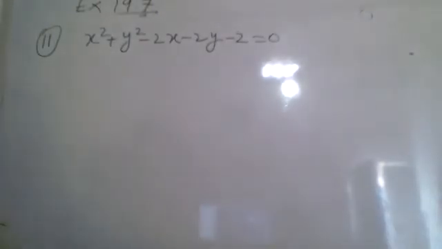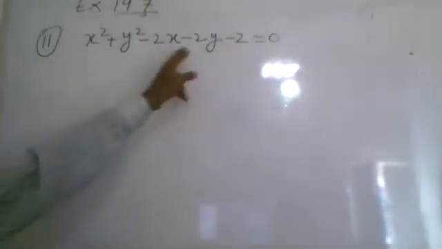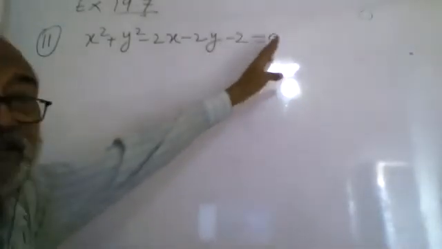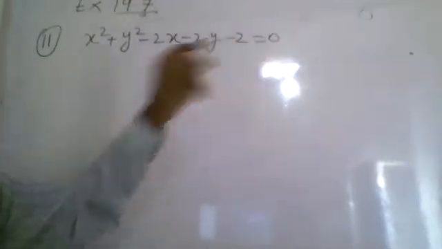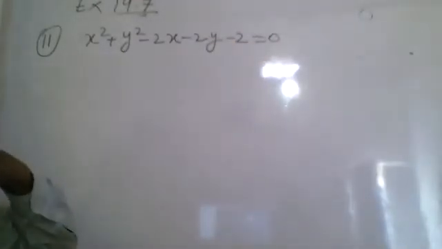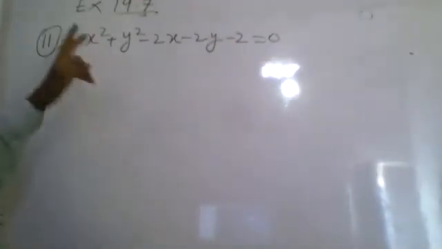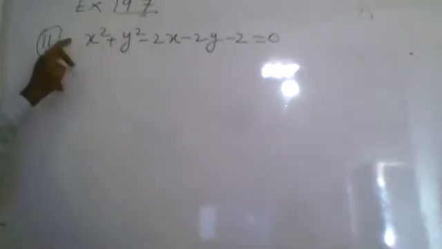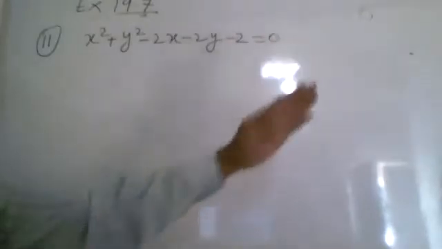First we have to write the equation in standard form. That means, number 1, it is equal to 0; if there is some constant, we have to shift it to the other side. And the second thing, the coefficient of x square and y square should be 1. If they have some number other than 1, for example 2, we have to divide the whole equation by 2.